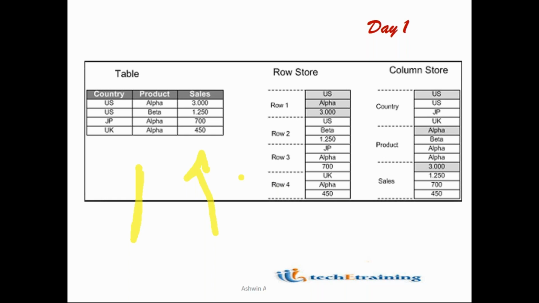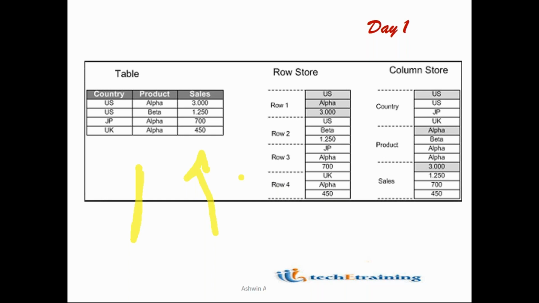If you take a table, it is stored as rows and columns. Row store means row 1, row 2, row 3, row 4, something like that. Column store means one column for country, one column for product, one column for sales. You are storing the data column-based. The advantage of the column store is compression.